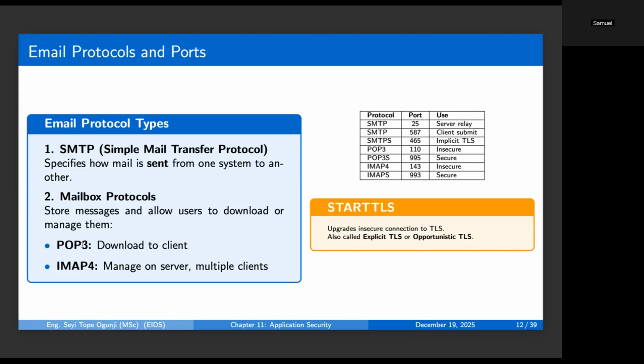It uses port 110, which is insecure. Then POP3S, where you have added TLS to it. That means Post Office Protocol version 3 with a secure layer. This uses port 995, and this one is secure. This addresses how emails are received.